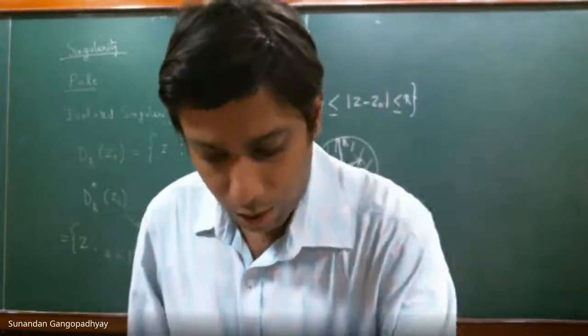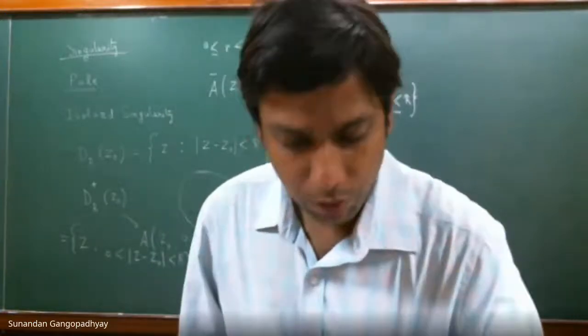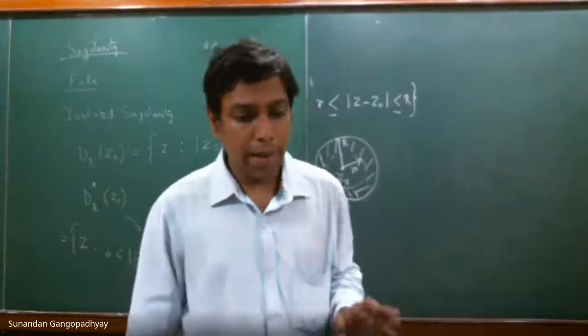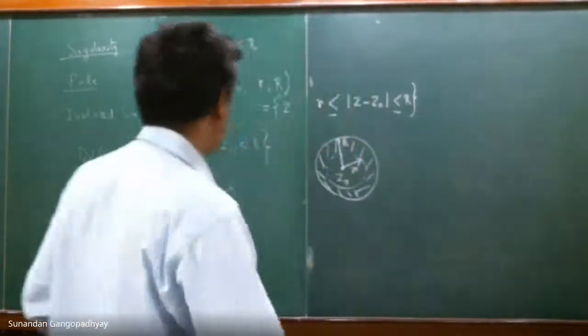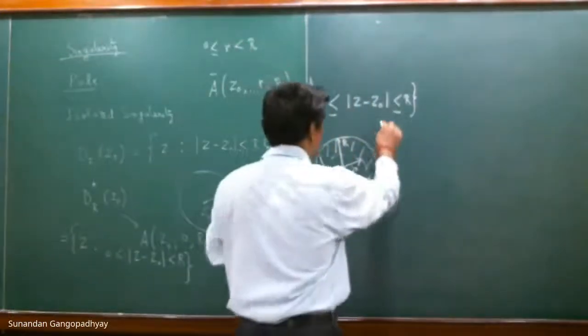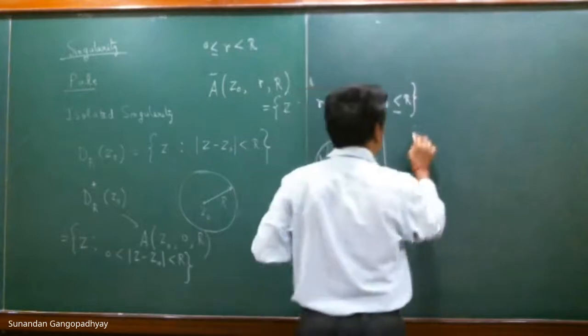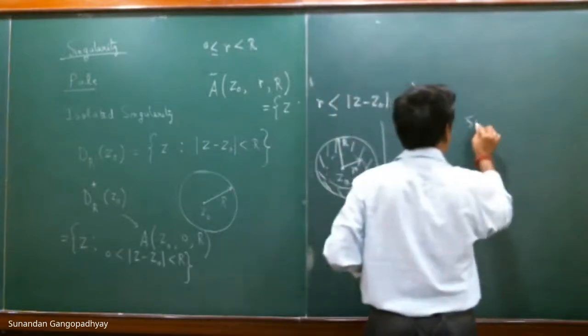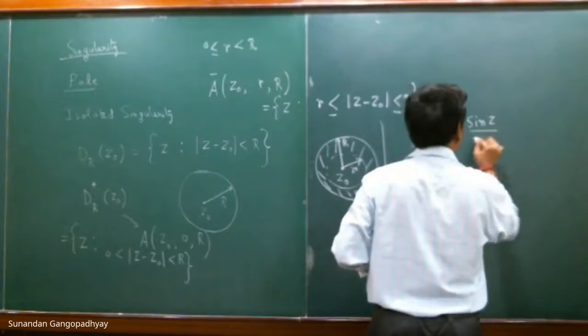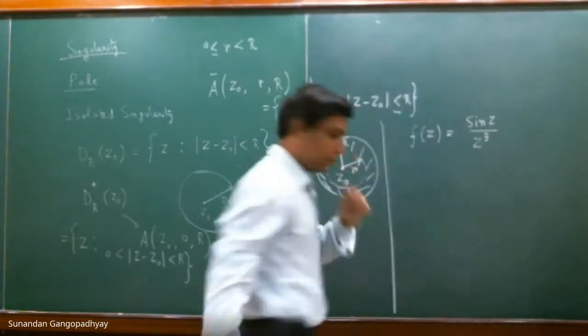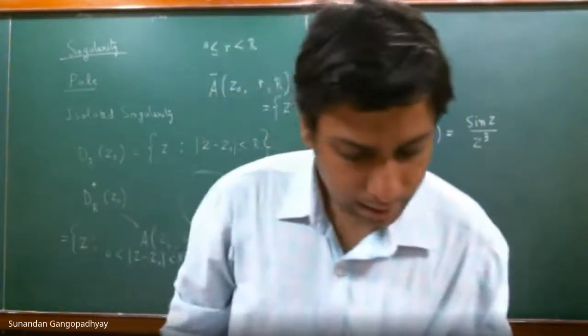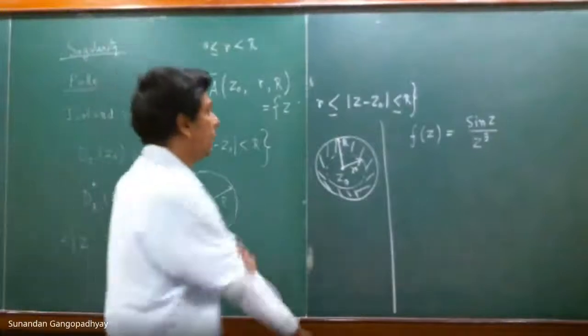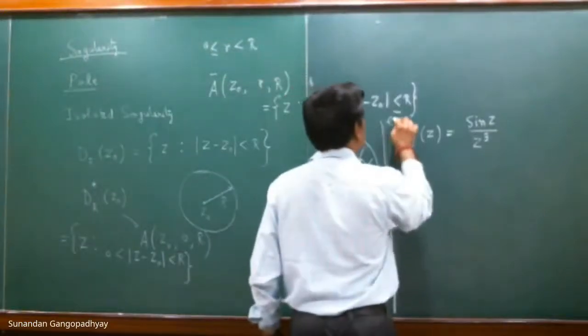So today what we shall first do is look at some simple examples. The first example that I shall show you is f(z) equals sin z by z cubed. Let us take this as our example 1.